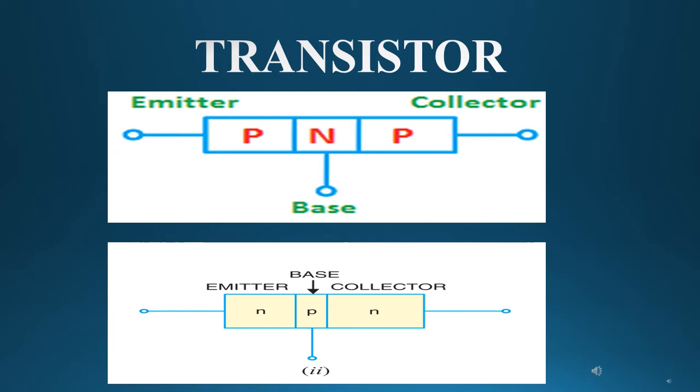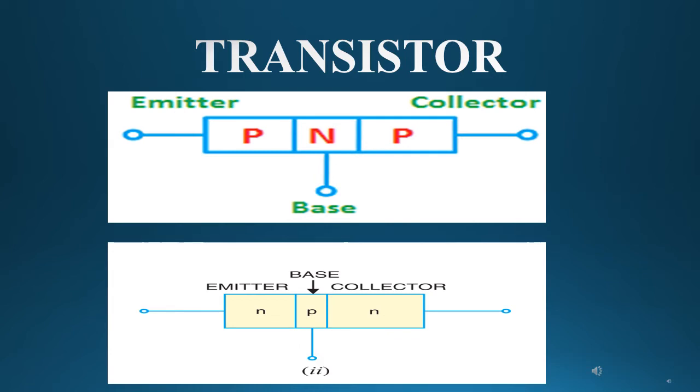Now how does it work and what are the properties of these different parts? So first we will have to do nomenclature. These three parts, how do we give them names? There is one thin part at the center, and the two blocks are joining on both sides. So this is known as base.